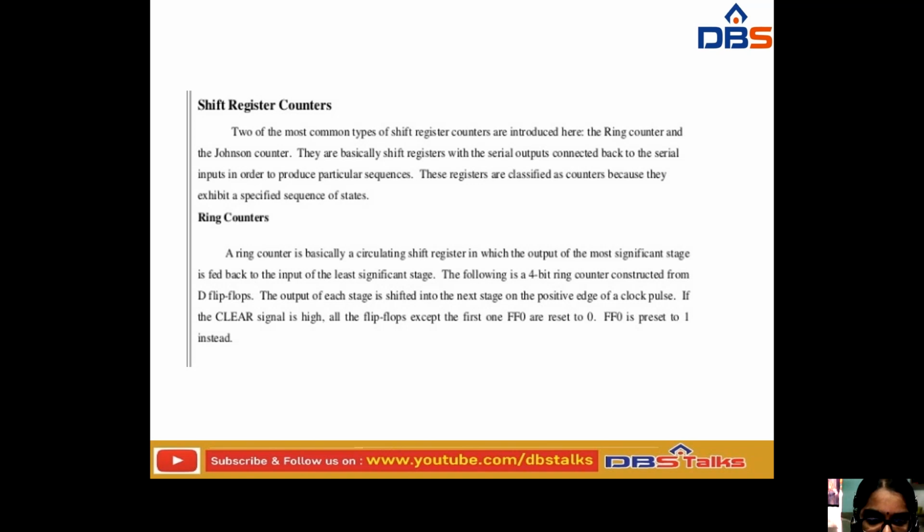Now let us see the shift register counters. The two most common types of shift register counters are the ring counter and the Johnson counter. First one is the ring counter and second one is the Johnson counter.